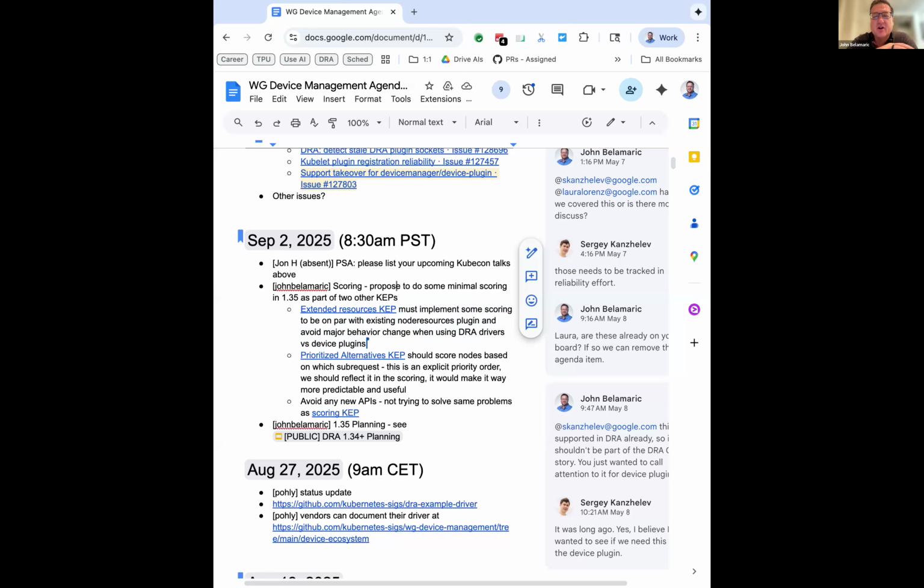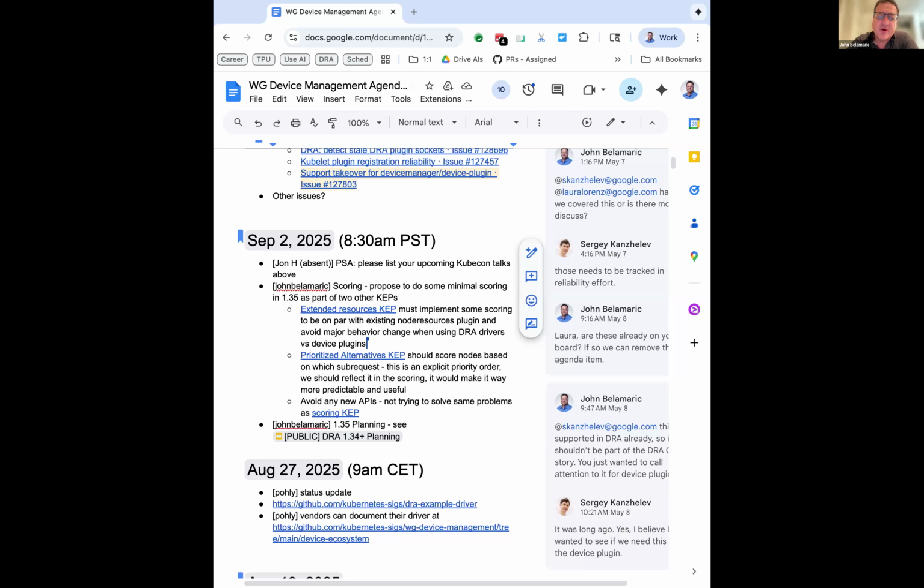Part of the criteria or goals of the extended resources KEP is that there's no meaningful user difference, and the bin packing strategy would be a meaningful difference.